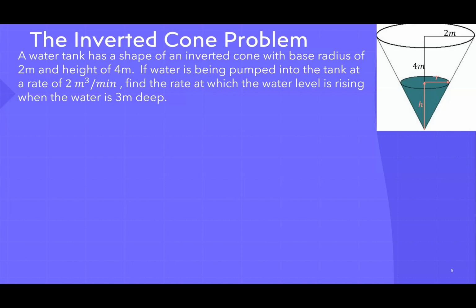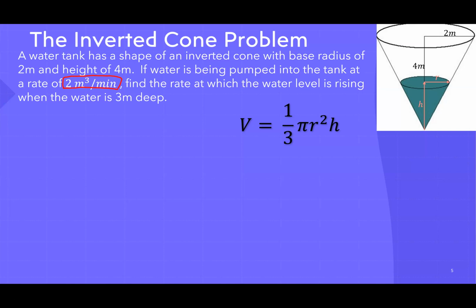Okay, so those are our variables there. And we're talking about the fact that the water is being pumped into the tank at the rate of 2 meter cubed per minute. That represents the volume, the rate at which the volume is changing. So we are talking about volume of a cone. Volume of a cone is 1/3 pi r squared h.